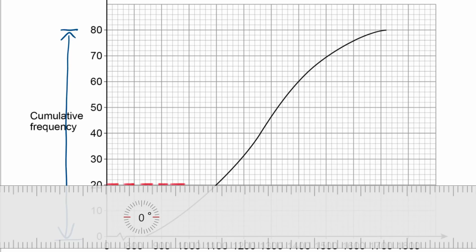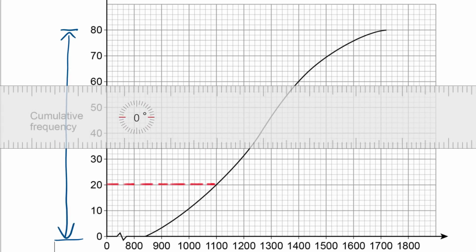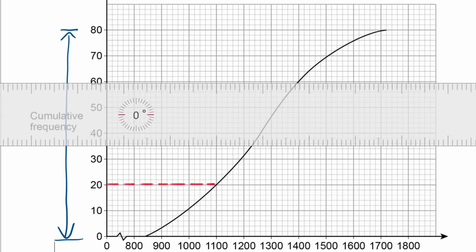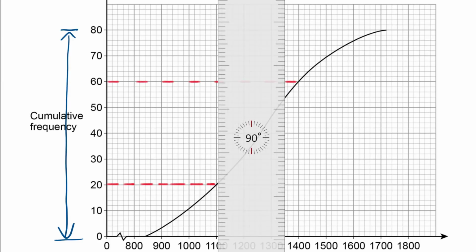It's not drawn along the ruler particularly well today. Okay, now it's done it. And then 3/4 of the way through the data is going to be reading across at 20 times 3, which is 60. Okay, and then when we hit the curve, we're going to switch and draw down.